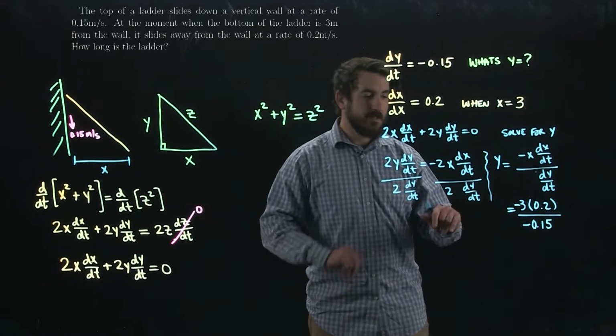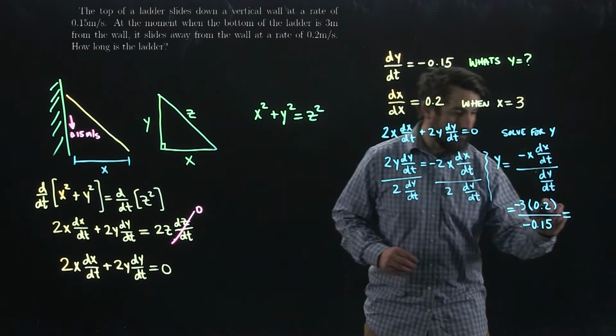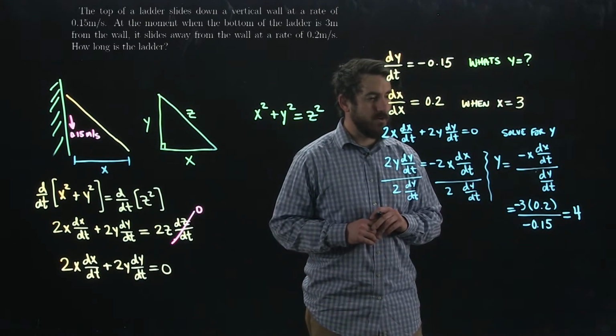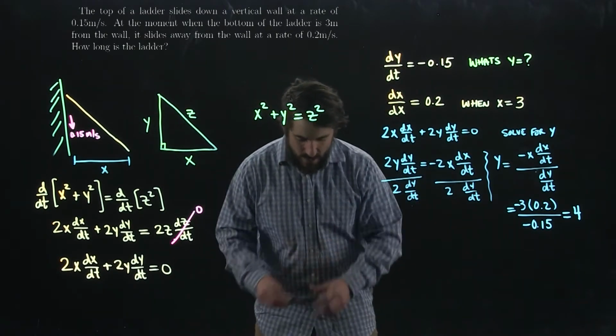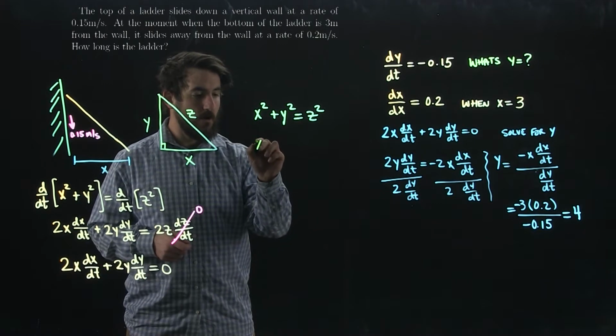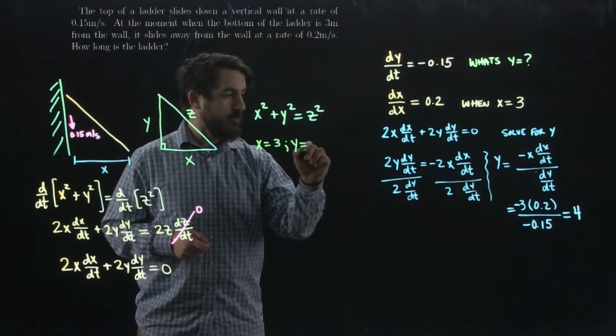So I do this calculation, and when I calculate this out, I get 4. So now I know, going back to the original problem, x equals 3. I now know y equals 4.